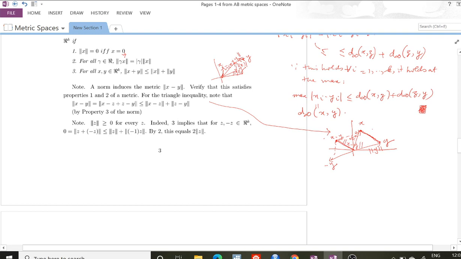So you can see that starting with the norm, when we induce a metric, the distance norm of x minus y, it's very easy to see that that satisfies the triangle inequality. Well, I shouldn't say that that's so easy.